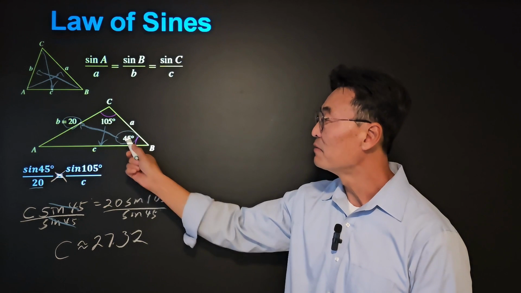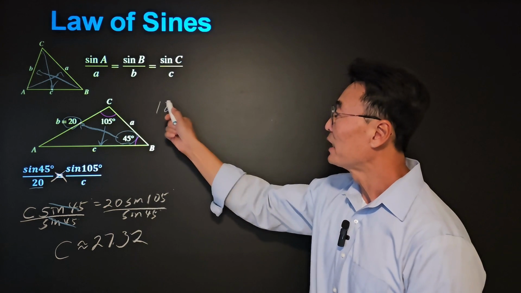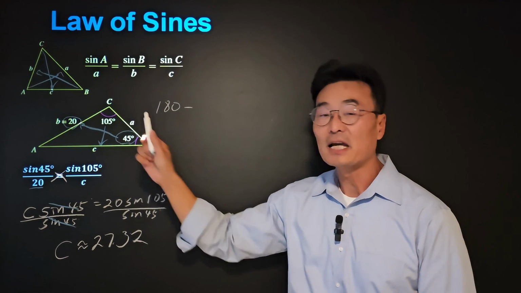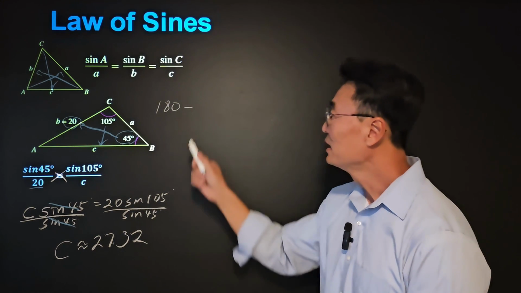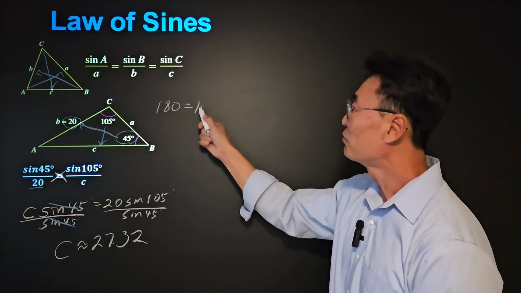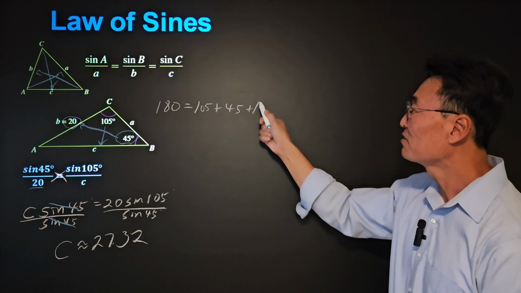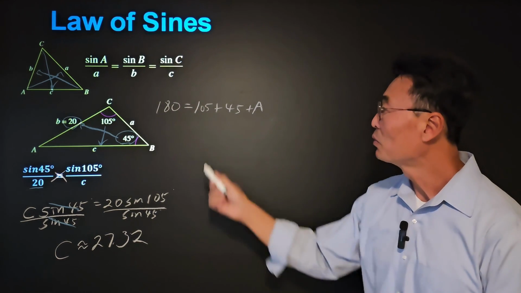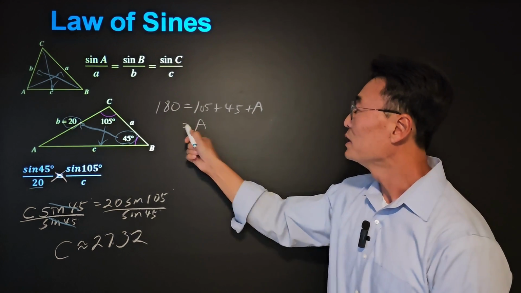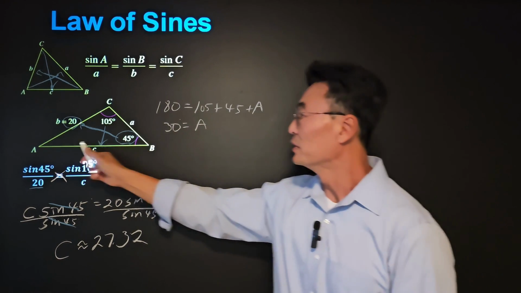Next, take a look at the triangle. If we have 105 and 45, we can use 180, because the 3 angles of a triangle add up to 180. So 180 equals 105 plus 45 plus the measure of angle A, where the measure of angle A will equal 30 degrees.